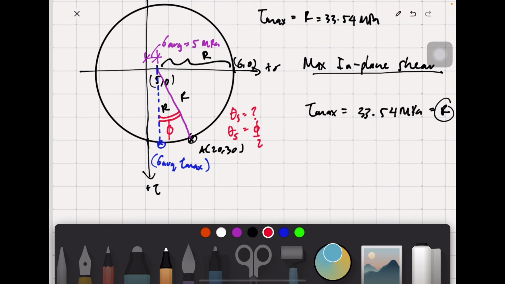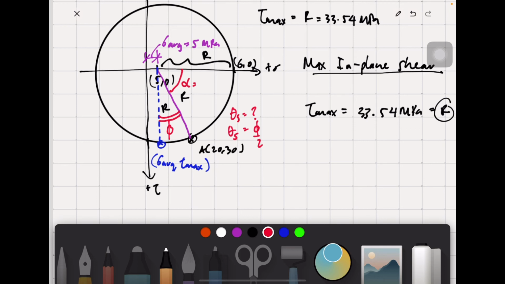Again, we can calculate that: from our previous answer, alpha is 63.44.